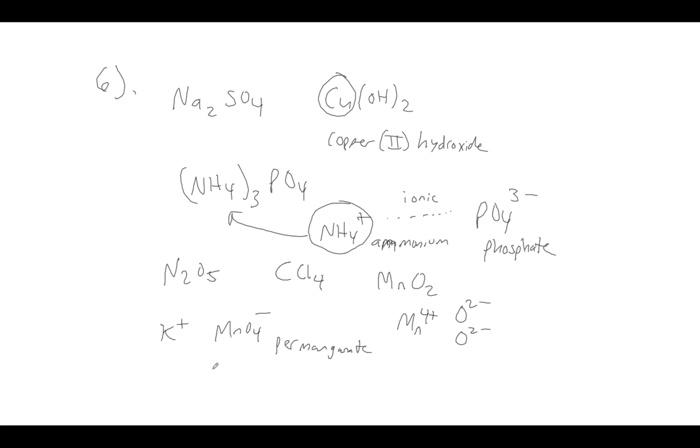That's the name of this compound. CH3CH2OH is ethanol, the alcohol in alcoholic beverages. So that's definitely covalent, a molecular compound. And then PCl3 is phosphorus trichloride, and that is also covalent. That's just straight up between 2 nonmetals, and there's no ions involved whatsoever.